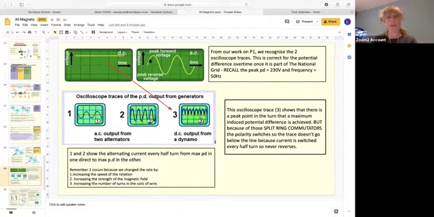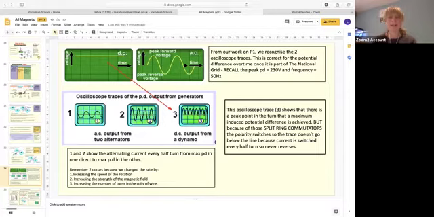And we said an alternating current looks like this because the potential difference reverses backwards and forwards over time. The national grid, recall, is 230 volts and a frequency of 50 hertz, so it's moving 50 times a second, backwards and forwards. And that's what we have from the national grid.